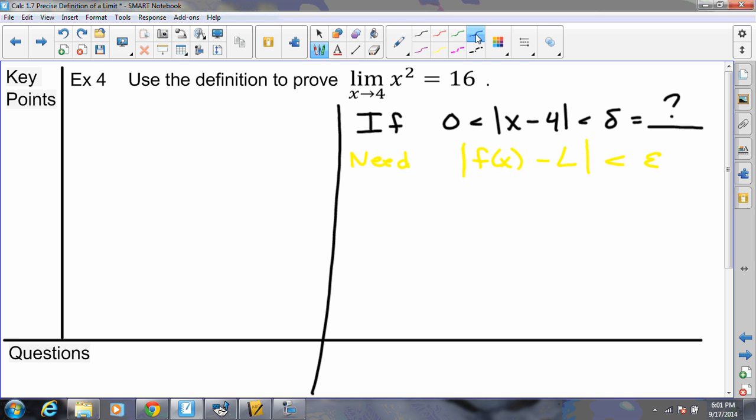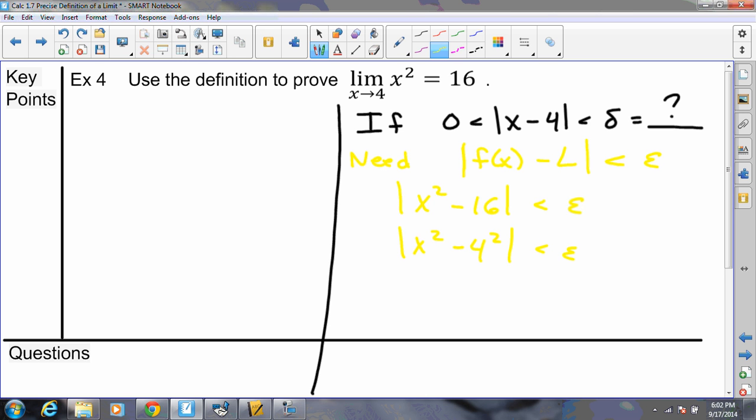Let's start checking through what we have. So what we need, x squared is our f, L is 16. We need this. You see how it can be factored? X squared minus 16 is x squared minus 4 squared.